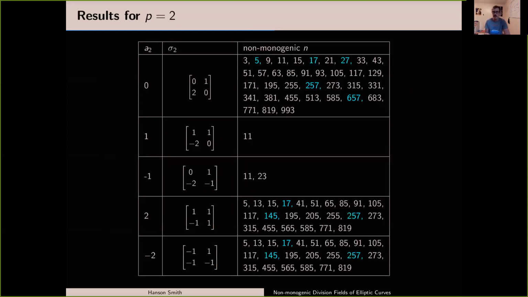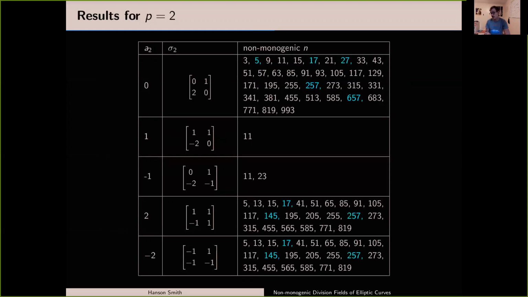And I should explain, the blue numbers here are numbers where we can't show they are necessarily obstructions to monogeneity once we restrict to Serre curves. So with a Serre curve, I have index 2 in GL2 Z hat. So maybe my Galois representation isn't surjective, but it has index 2.